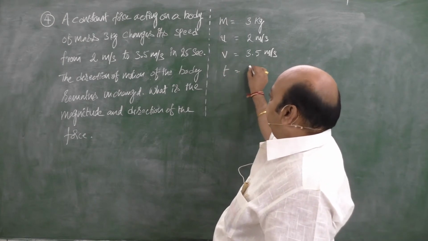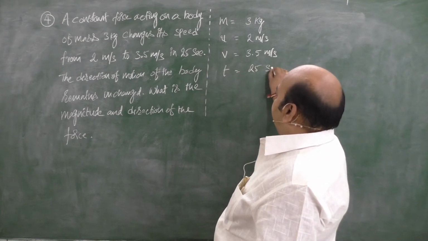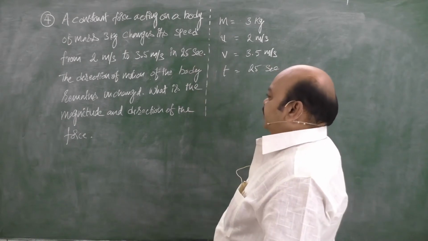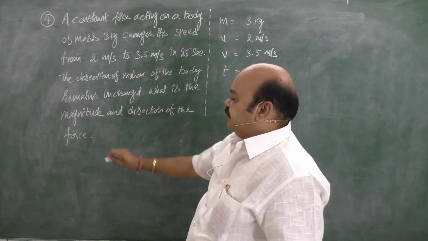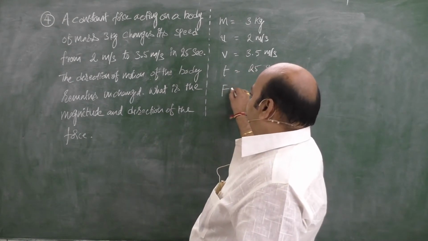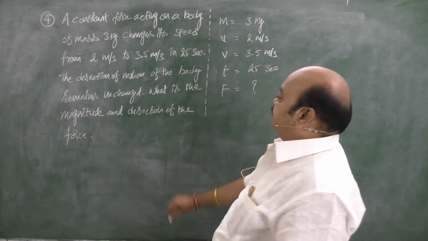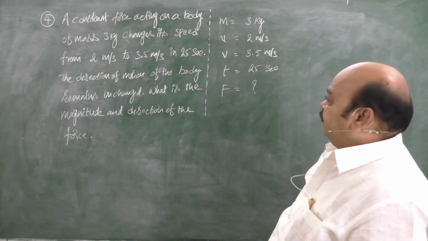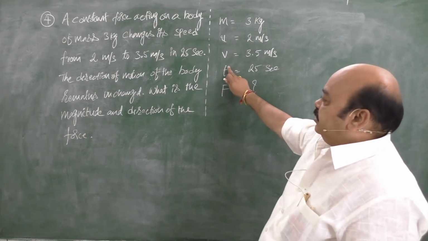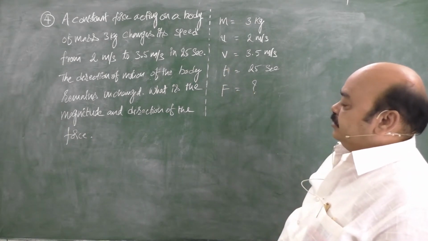In what time? In 25 seconds. What are we going to calculate? What is the magnitude and the direction of the force? That means here we have to calculate force. This is the data: mass, initial velocity, final velocity, and the time for which force acts were given.